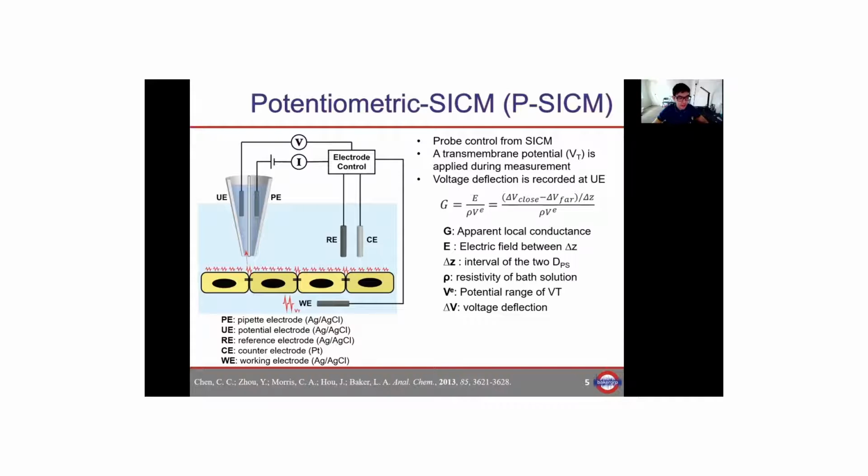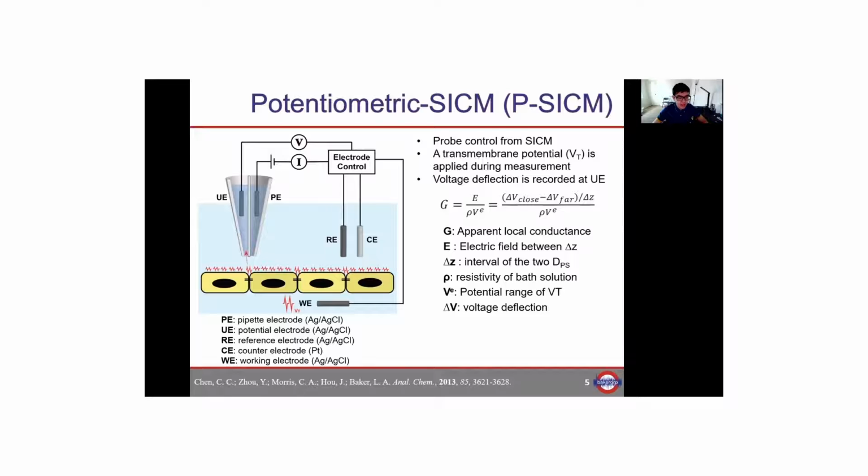During the scanning, when this nanopipette is brought very close to the sample for recording the topography height, it will pause for a fixed time. At the same time, a working electrode beneath the sample will apply a transmembrane potential, which can trigger the response of the sample, which is further collected by the local potential probe.